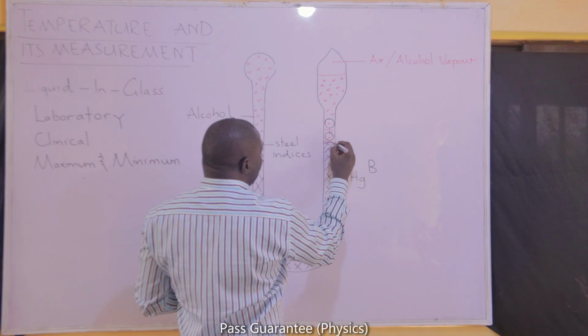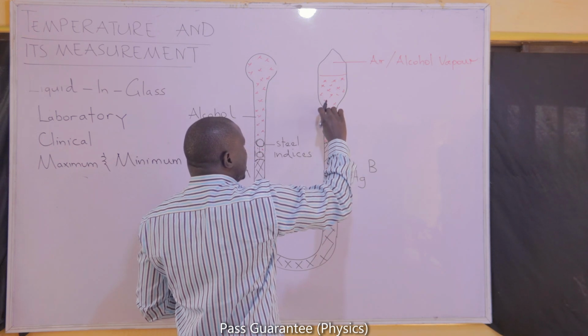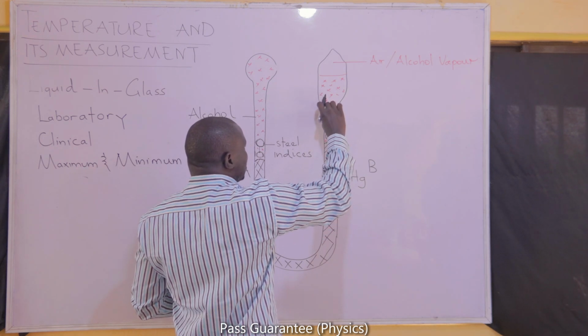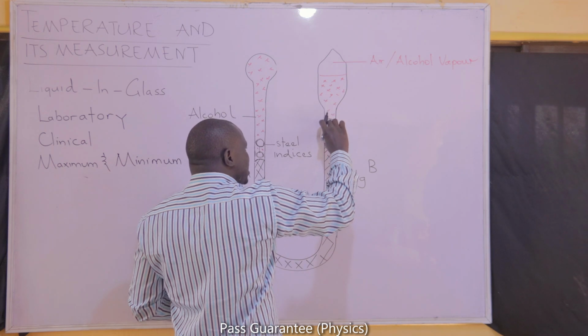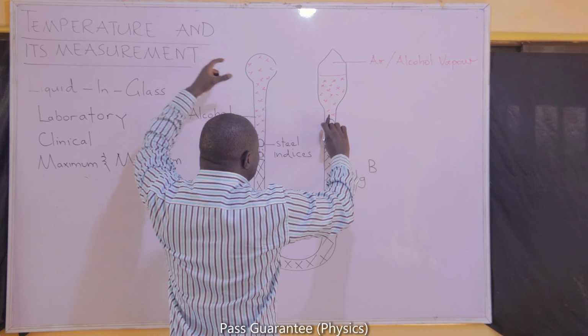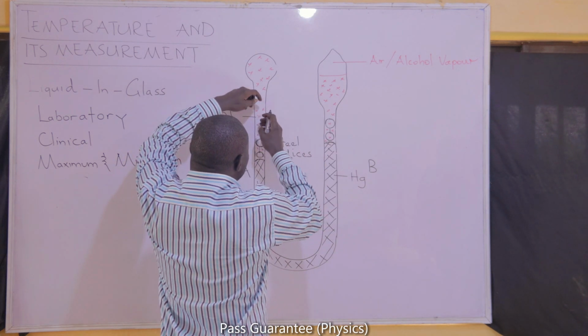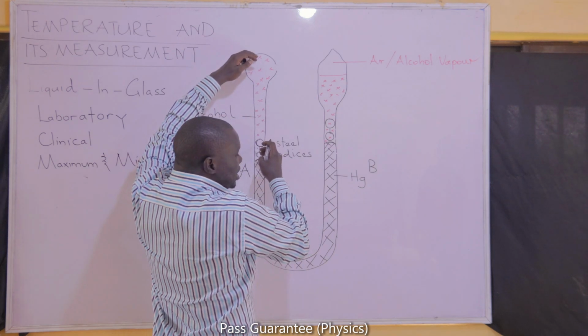As the mercury on B moves up, it will move up the steel index. It will gradually move up the steel index. Let us assume that the steel index is here. If the expansion is now greater than what we have recorded, because the temperature has also increased, we expect a greater expansion due to the increase in temperature.